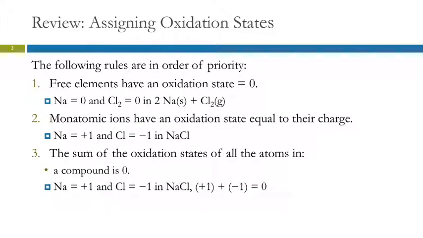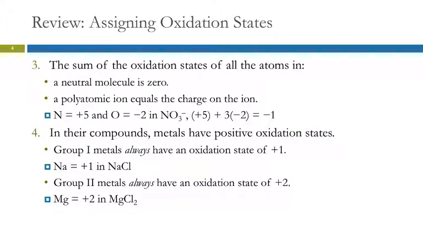This is a review of oxidation states. Basically, this comes down to oxidation states act much like ionic charges, even though they are not ionic charges. Just like with ionic charges, if the molecule is neutral, then the charges add up to 0, the oxidation states add up to 0. If you have a polyatomic ion, they add up to the charge.